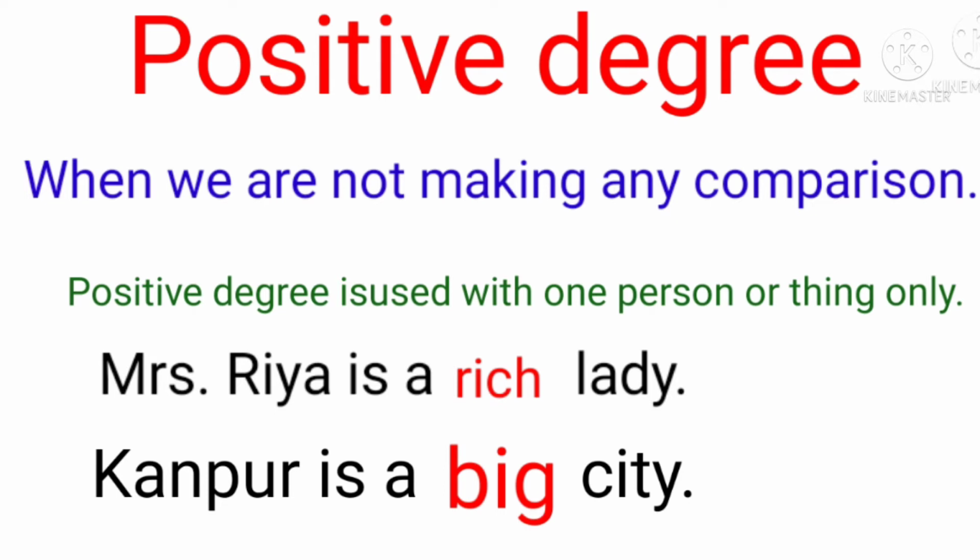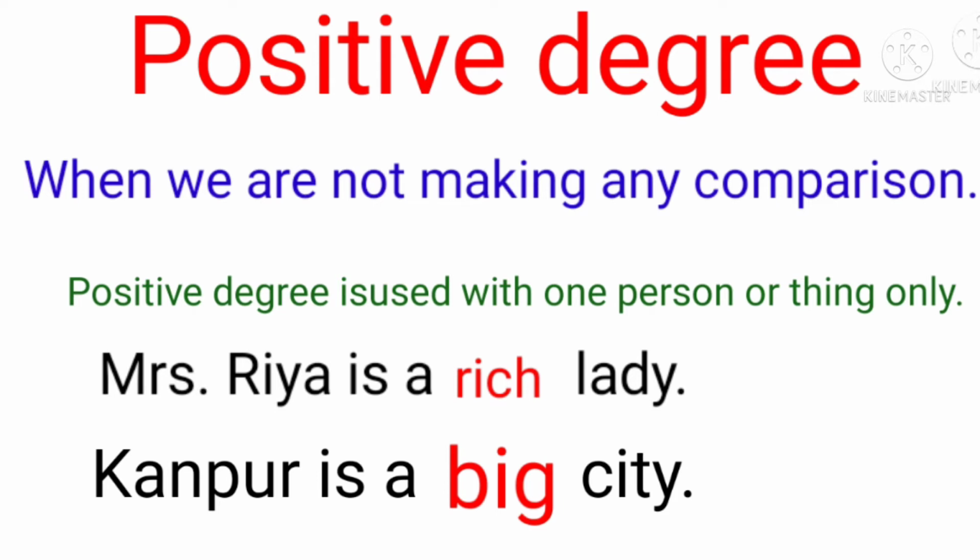Like here you can see in the examples I wrote, Mrs. Ria is a rich lady. Okay, so is there any comparison of Mrs. Ria with any other person? No, it means there is no comparison when we are doing the positive degree. Now see the second one. Kanpur is a big city.